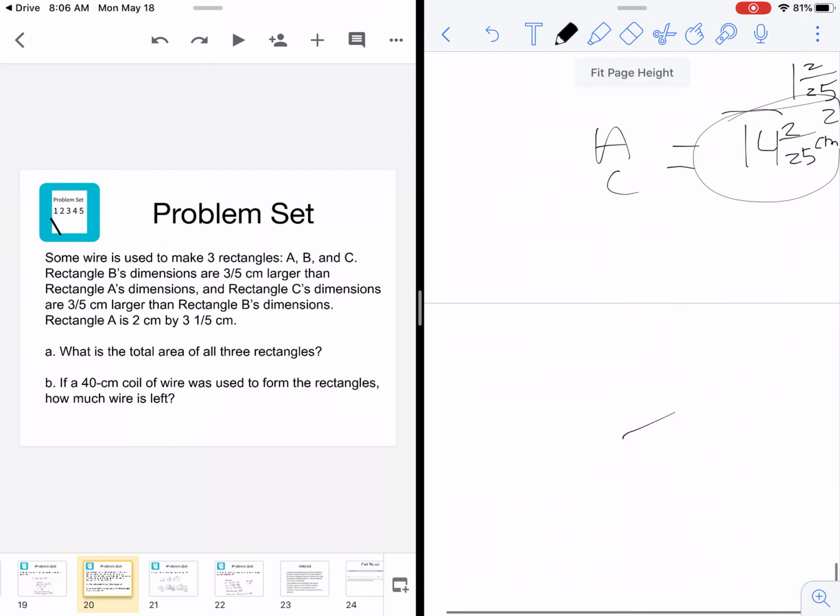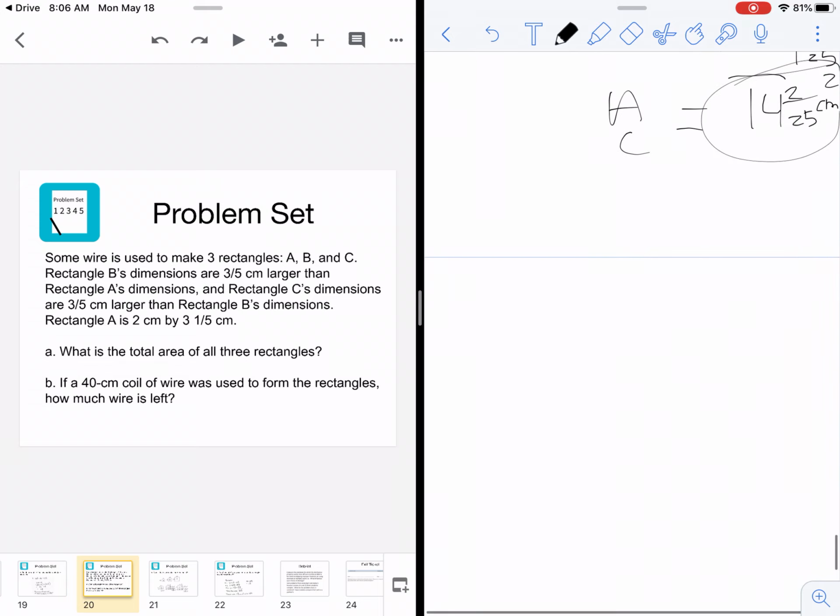And so now part B says, if a 40 centimeter coil of wire was used to form the rectangles, how much wire is left? So what you have to do is the perimeter.